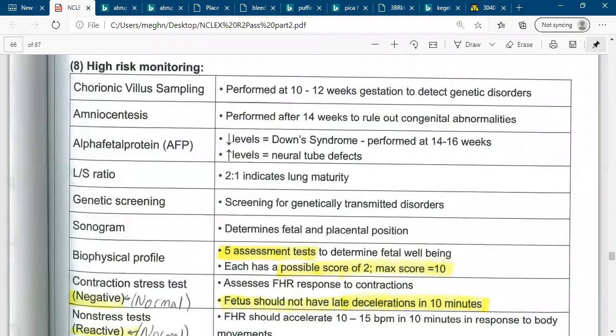How do we monitor whether the baby will be born with any kind of genetic defect or not, or if the parents want to know whether the baby will be healthy or not, how do we test them?